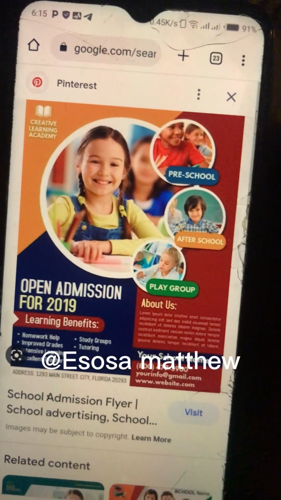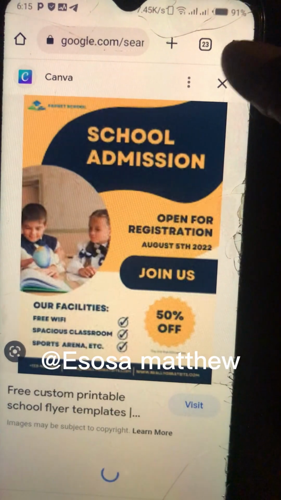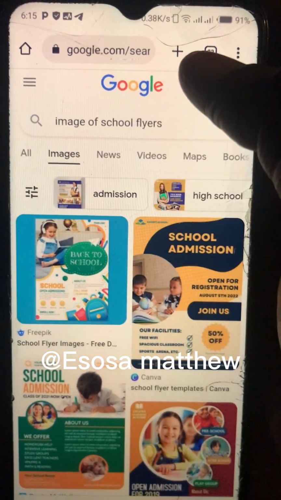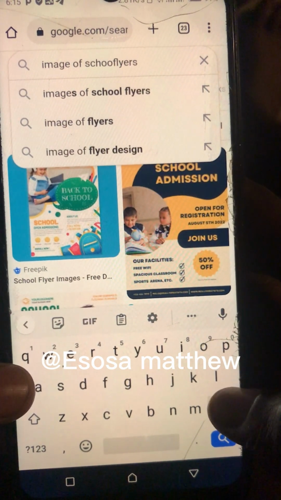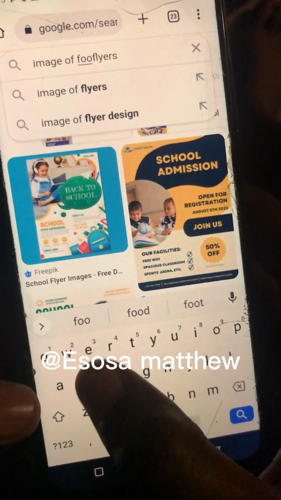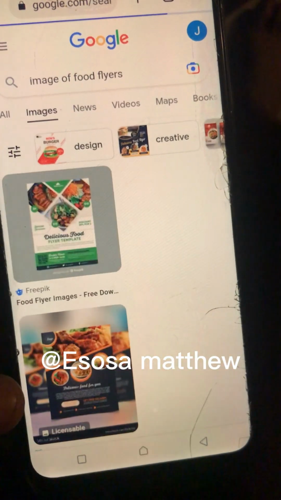So let's say for example we want to leave this flyer type. Let's come back and search for food flyers, for example. Let me just use those two examples.